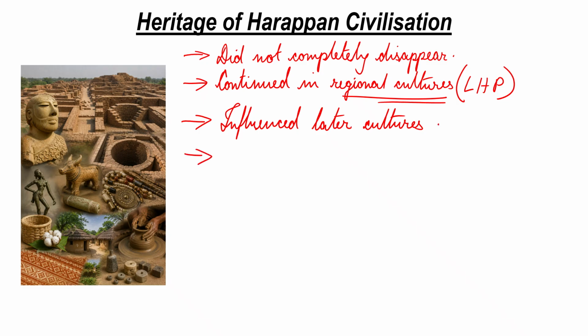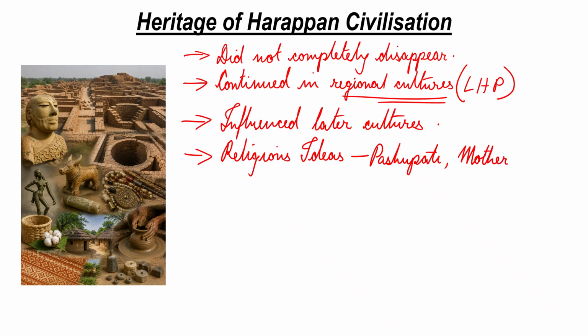What else can be taken as heritage? We get religious ideas which continued in India, like Pashupati. What else? Mother goddess. Then animals.